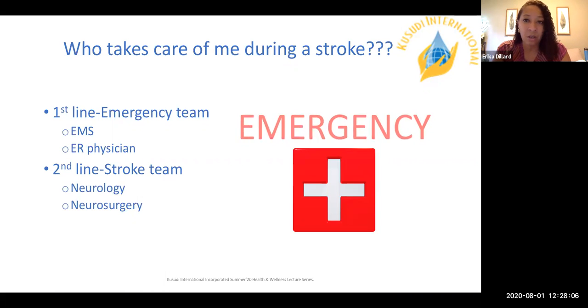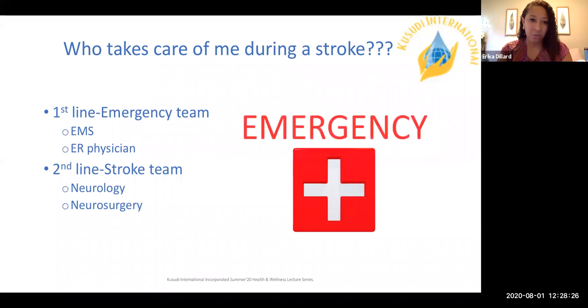It's not just a disease that's treated with medication. It's actually a disease that can be treated with a surgical intervention. So it's very important that your neurosurgeon, or maybe even an interventional radiologist or interventional neurologist who is well trained in the ability to do this procedure, is available to also assess you when you get to the hospital.